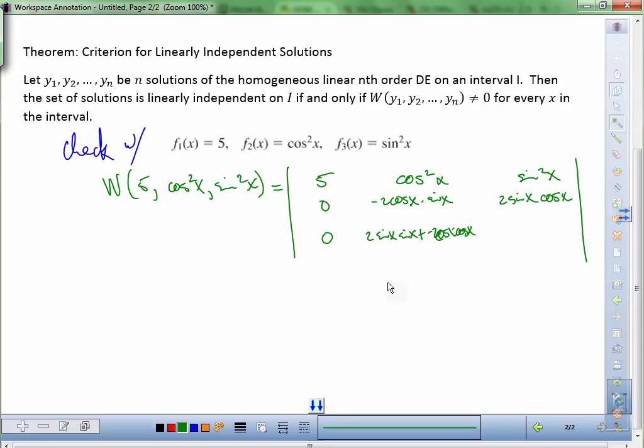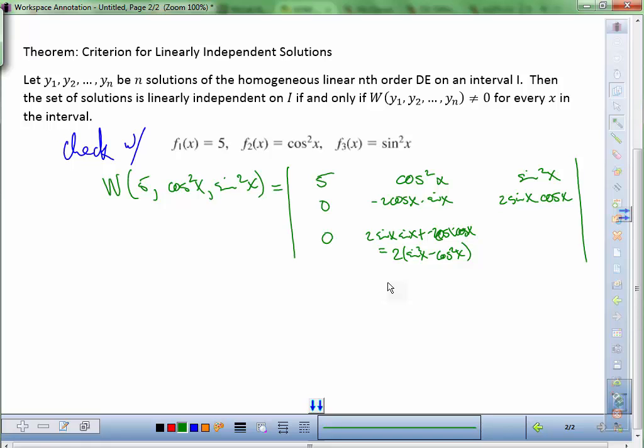So let me rewrite that as 2, and then I'll factor out a 2. This looks like it's a sine squared x minus cosine squared x. Did I get the negatives right? Okay. All right, so not much simplifying there. There's some trig identities that we could combine this with, but let's not worry about that too much.